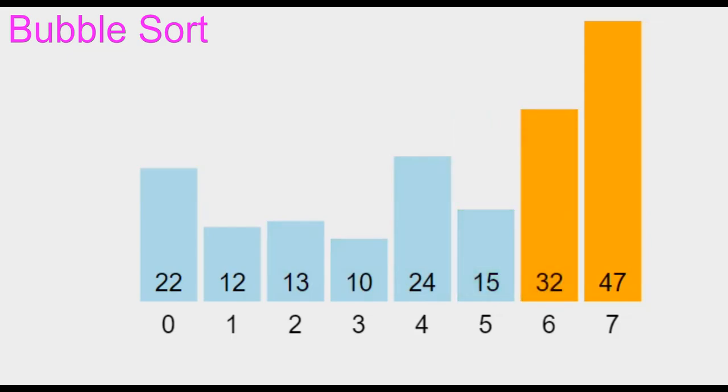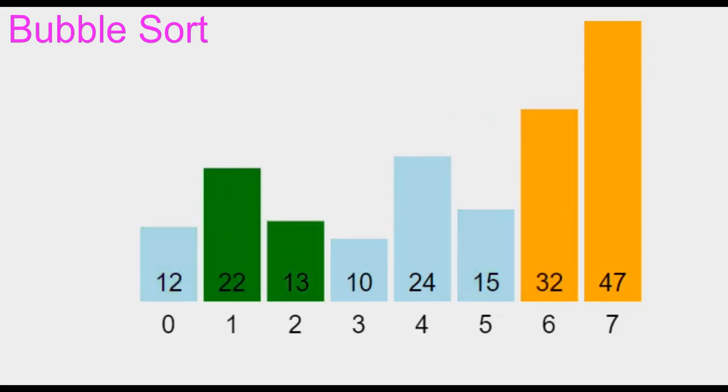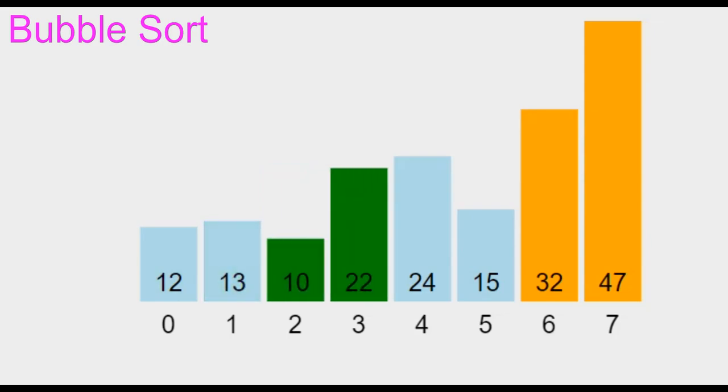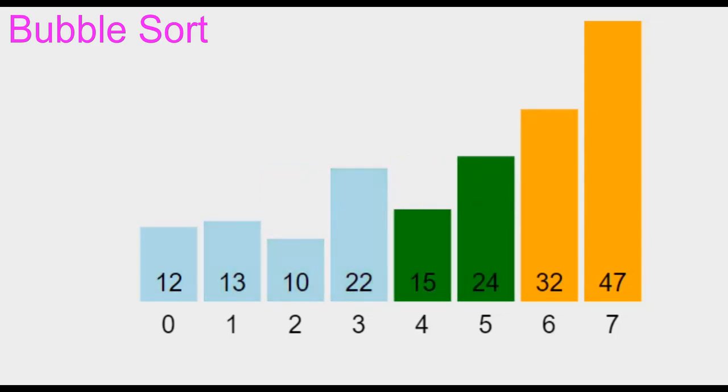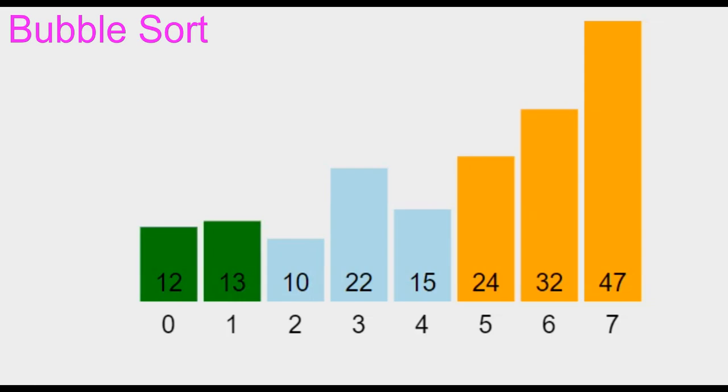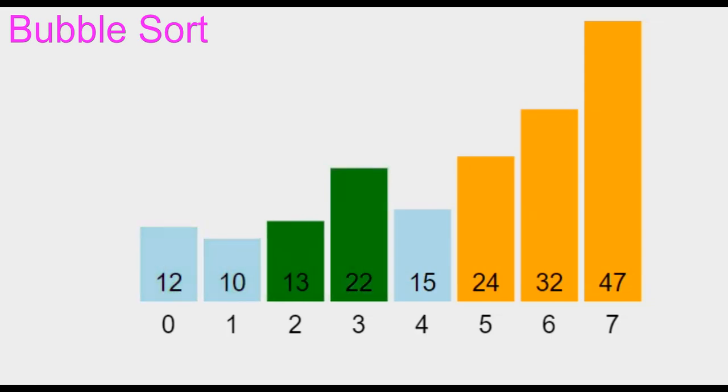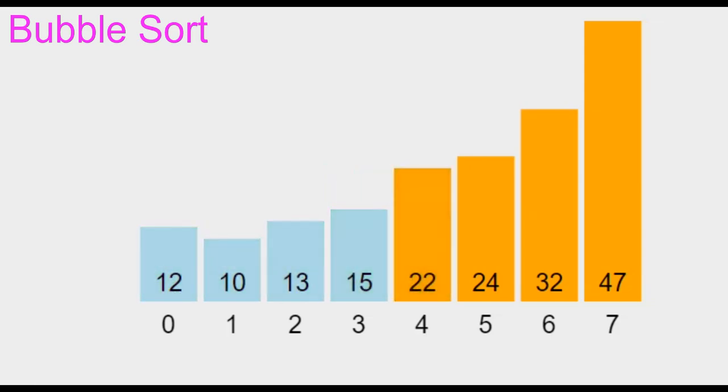Compare and swap, compare and swap. In bubble sort the adjacent elements are compared and then swapped. That's why it takes a long time. Only 4 elements are sorted. All right, sorted.